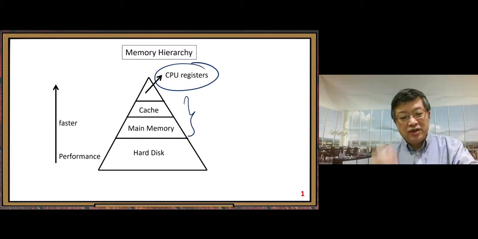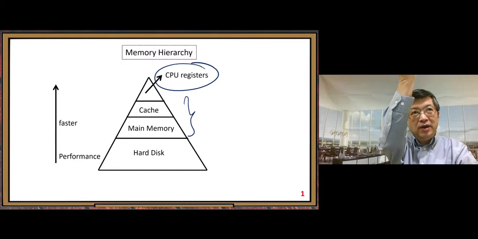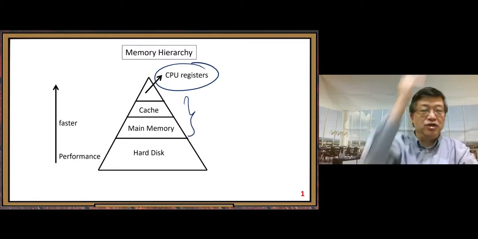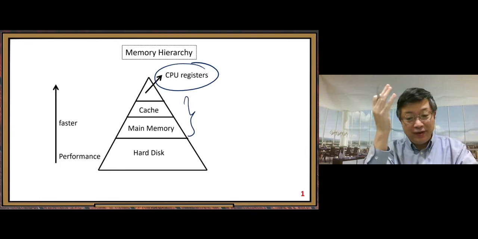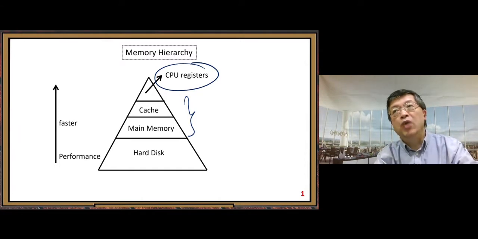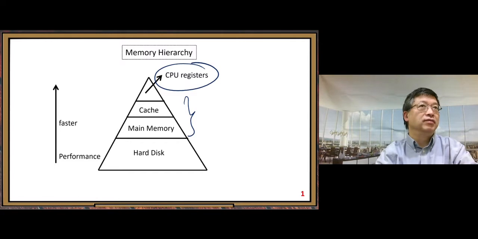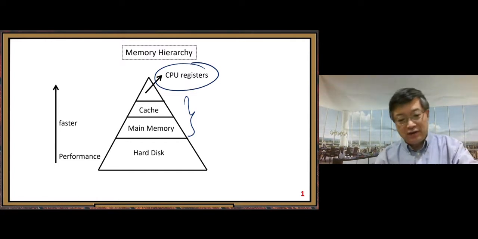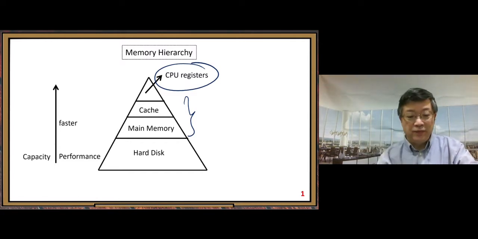When you move from bottom up, it will be faster. Hard disk is not as fast as fetching data in main memory, which is not as fast as fetching data in cache, and fetching data from CPU registers is the fastest. So that's simple. That's the first arrow.